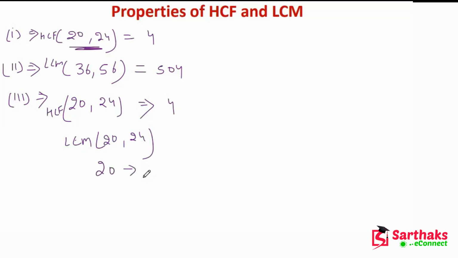So 20's factors are 2 into 2 into 5, and 24's factors are 2 into 2 into 2 into 3. Okay, so now 4. The property states that the HCF of given numbers is always a factor of their LCM.